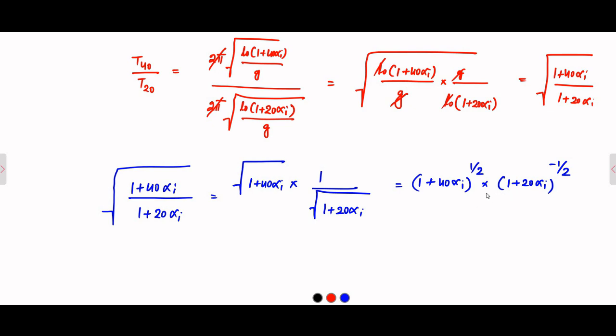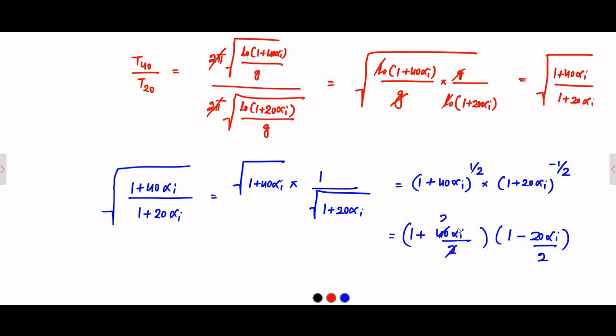Now we'll be applying the binomial theorem. As per the binomial theorem, it becomes 1 plus 40 alpha l by 2, and this becomes 1 minus 20 alpha l by 2.